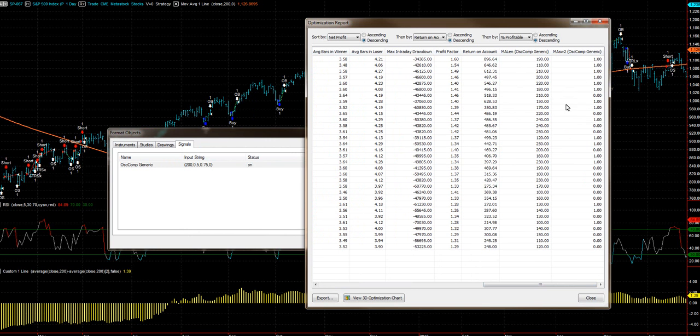And in the optimization, in the top 10 results, 8 of the top 10 lengths chosen were for the differential, not for the close versus the moving average structure. So immediately I'll abandon comparing the close to the moving average, and I'll just look at the differential.